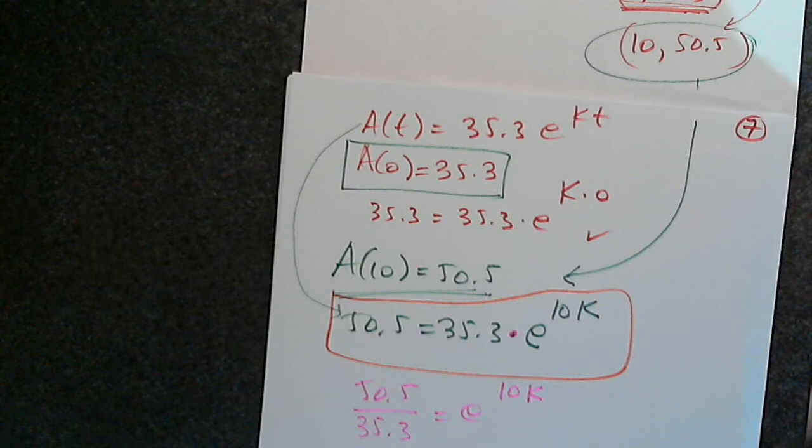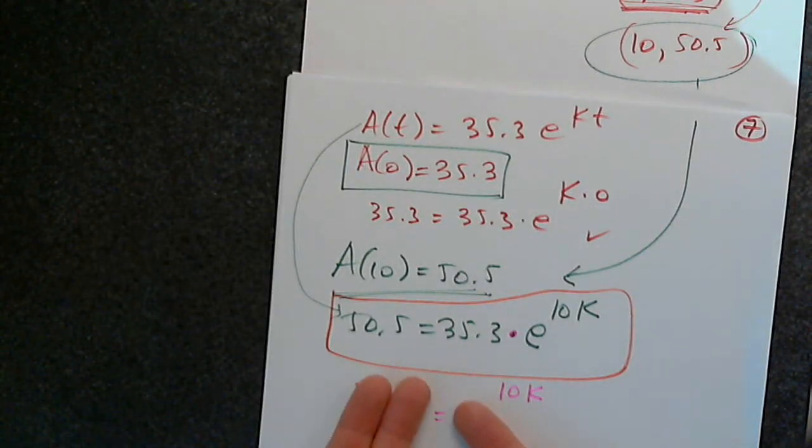From last time we said this. Every time we cannot present both sides with the same base, we have no choice but to do what? Apply to both sides the inverse function. What is the inverse function of the exponential?